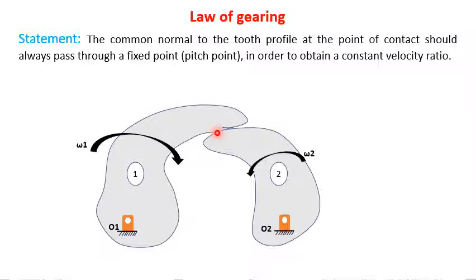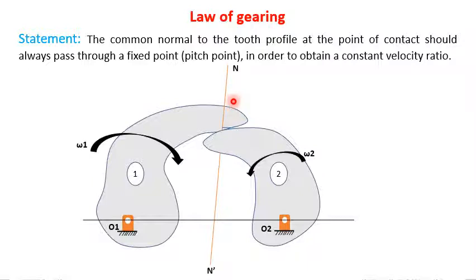Here omega 1 and omega 2 represent the angular velocities of curved bodies 1 and 2. Let us draw a straight line passing through the center of rotation. Through the point of contact between the two curved bodies, I am drawing a common normal, which I am going to name n dash.